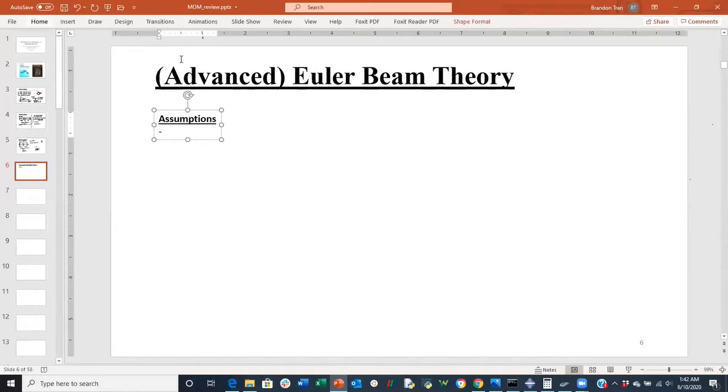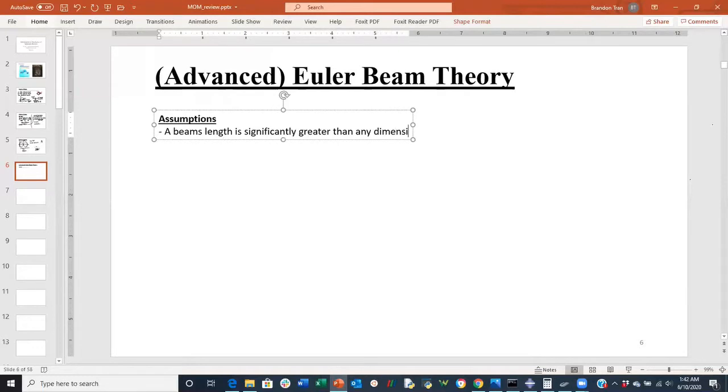Otherwise, you may stray and achieve solutions that don't necessarily reflect the physical behavior of the system. So, first assumption is a beam's length is significantly greater than any dimension in its cross section.